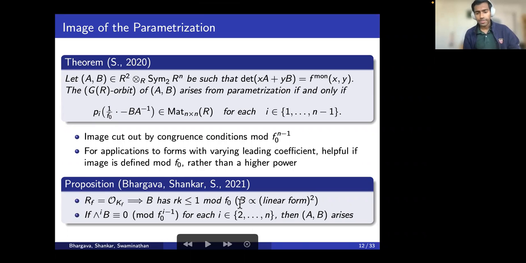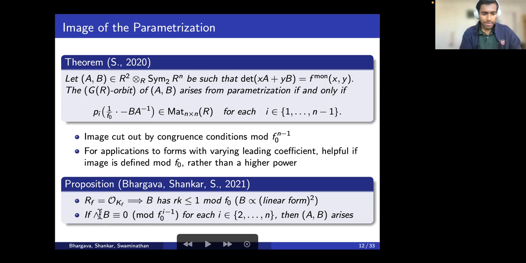Now, in the case where R_f is not the ring of integers of a number field, when it's an order within the ring of integers, these conditions are not defined mod f naught. There's no way to simplify that. But what is true is that these conditions are very closely approximated by conditions that are defined mod f naught. So if you look at this matrix here, pi of 1 over f naught times minus BA inverse, it turns out that the entries of this matrix are linear combinations of the i by i minors of B. And those linear combinations have denominator equal to f naught to the i minus 1.